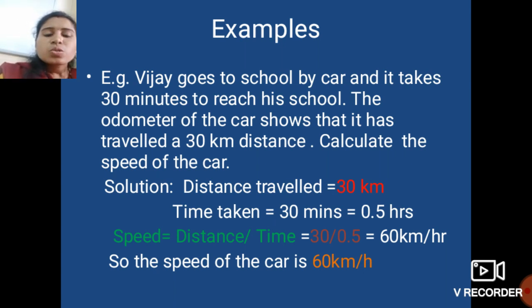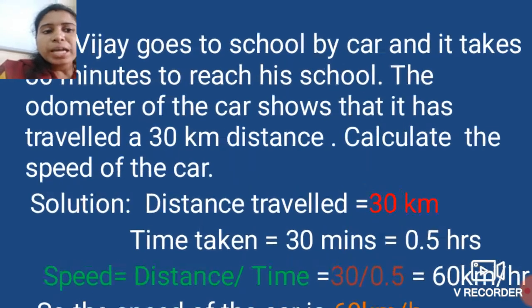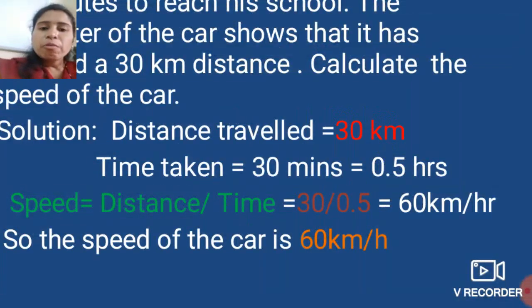Okay students, so we can put this value into the formula. Speed is equal to distance upon time. Here distance is 30, which is divided by 0.5. Here we get the answer 60, which is in kilometer per hour. So the speed of the car is 60 kilometer per hour.